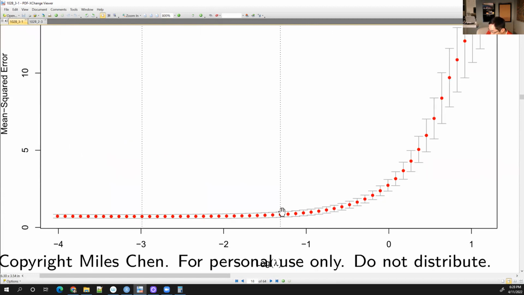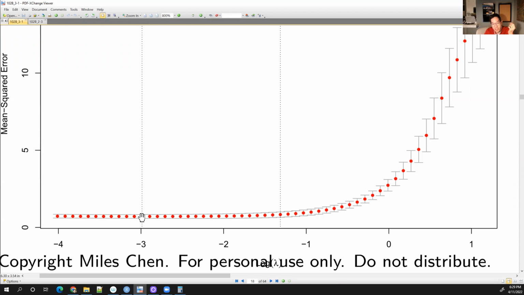And this dotted line over here corresponds to around negative 1.3, 1.25, something around there. This dot is a little bit higher than the red dot, but it's within the confidence interval.